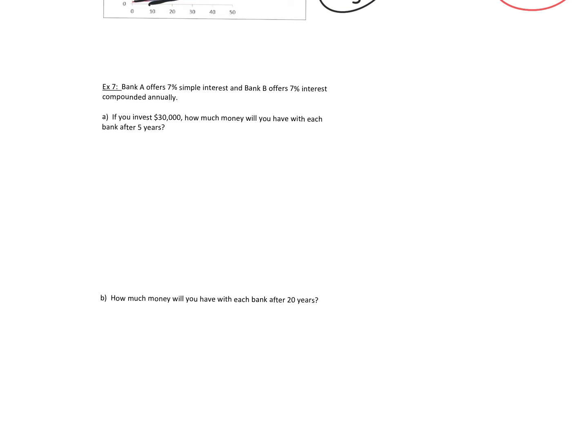So like in example 7, it says Bank A offers 7% simple interest and Bank B offers 7% interest compounded annually. So if you invest $30,000, how much will you have with each bank after 5 years? So for simple interest, you guys may have learned the formula interest equals principal times rate times time, which is basically your initial amount, $30,000, and you're getting 7% on that, 0.07, and then you just multiply by the number of years, which is 5.